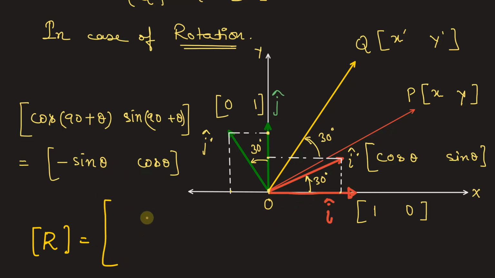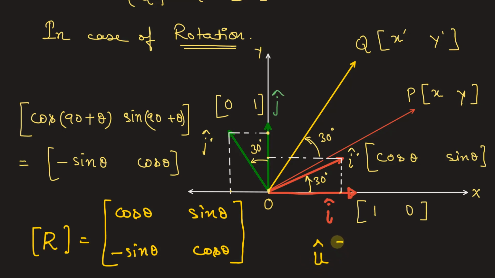So i hat is cos theta, sin theta and j hat is negative sin theta, cos theta. This is the rotational matrix that if you multiply it with P, you will get the new coordinate Q, right? So this can also be said that if you multiply the unit vector with this R, you will get the new unit vectors that we have just seen.